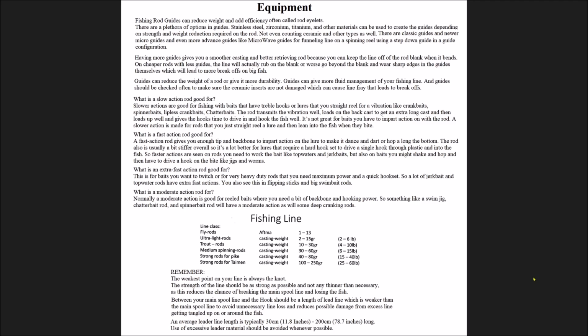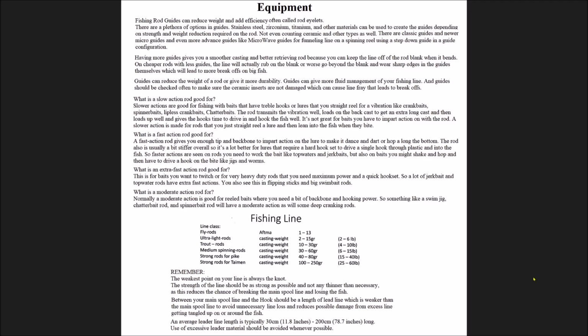Okay. Remember, the weakest point in your line is always the knot. The strength of the line should be as strong as possible and not any thinner than necessary, as this reduces the chance of breaking the main spool line and losing the fish. Between your main spool line and the hook should be a length of leader line which is weaker than the main spool line to avoid unnecessary line loss and reduces possible damage from excessive line getting tangled up on or around the fish.